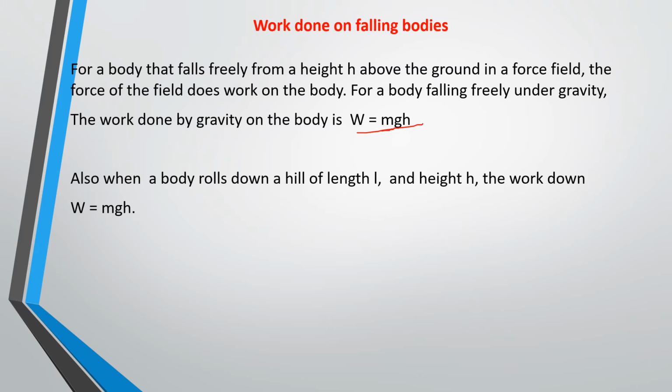Also, for a body that rolls down a hill, the work done is also equal to mgh: mass times acceleration due to gravity times the height of the hill. We will solve some problems so that we'll be able to drive home these equations that we have discussed so far.